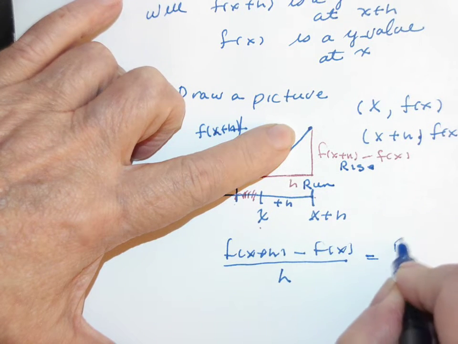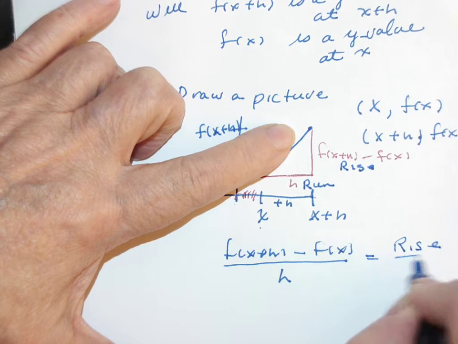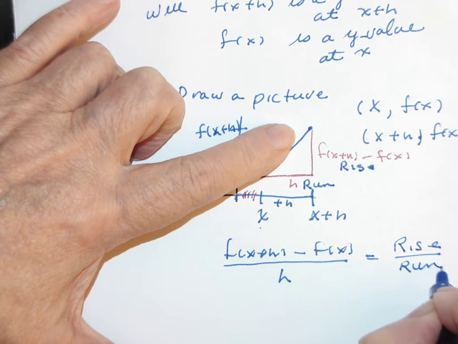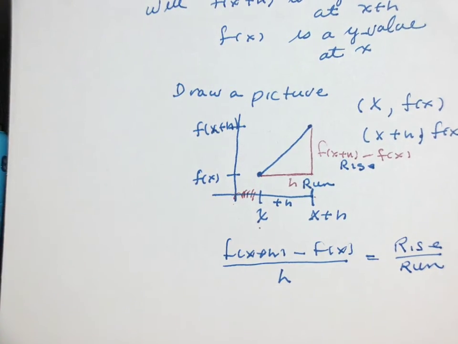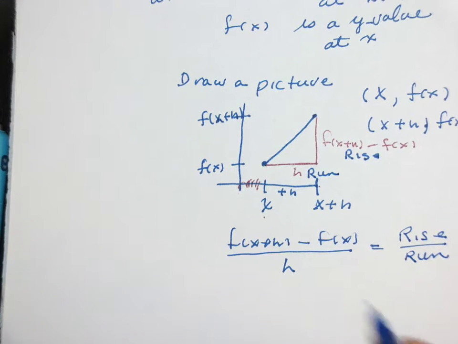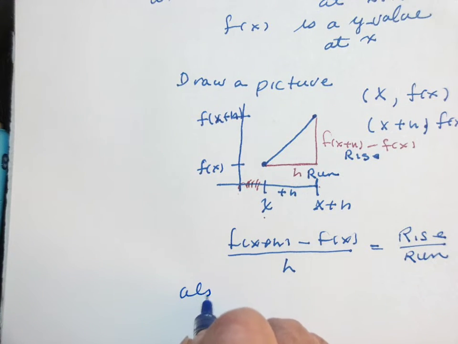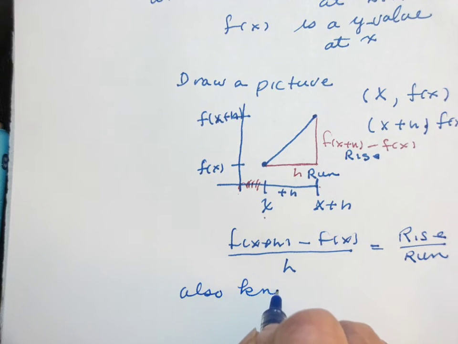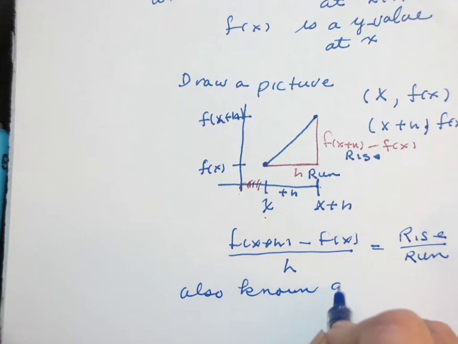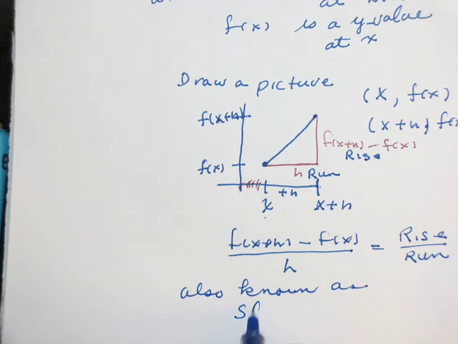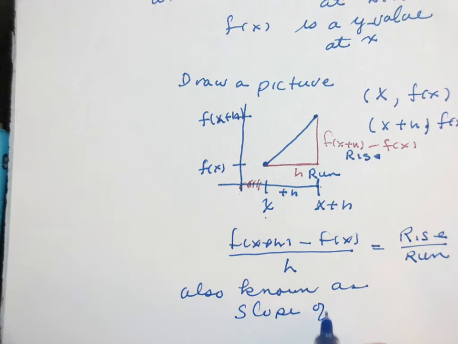This is the infamous rise over run, or what we know as the slope of the line.